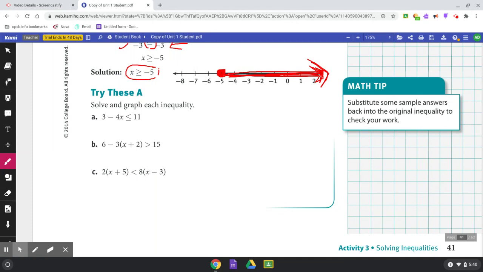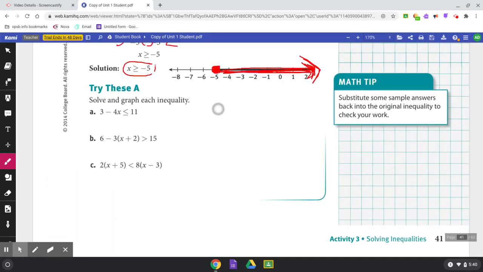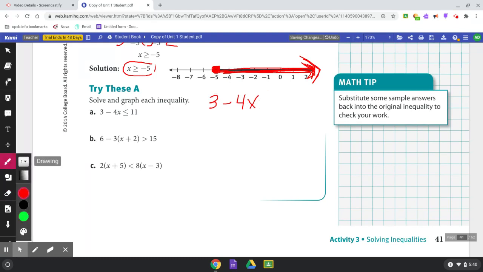Okay, so part A, we've got 3 minus 4x is less than or equal to 11. So following the same steps that I do for solving an equation, I'm going to isolate the term with the variable by subtracting 3 from both sides.